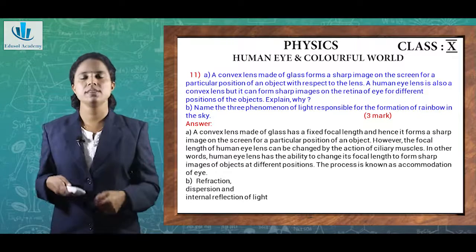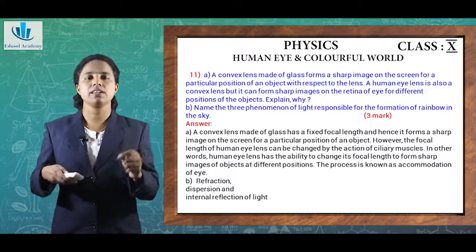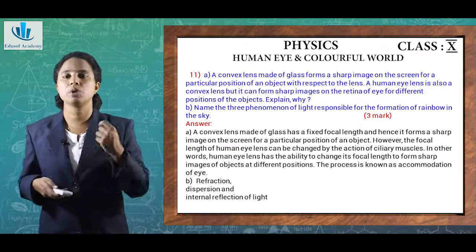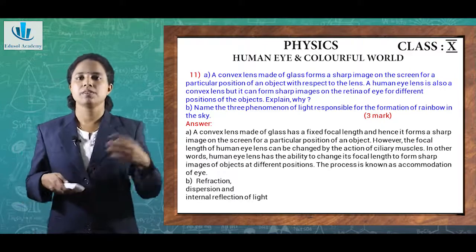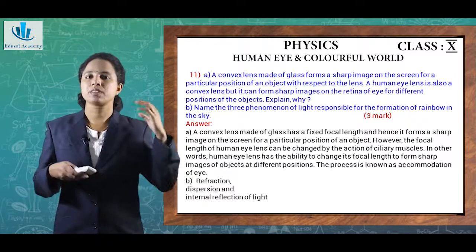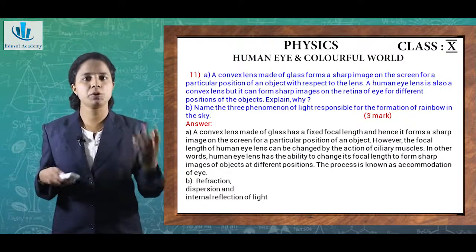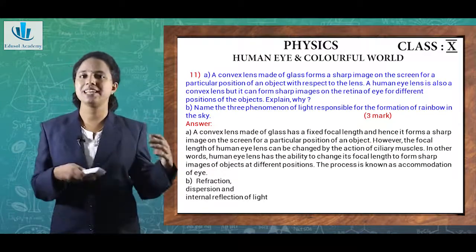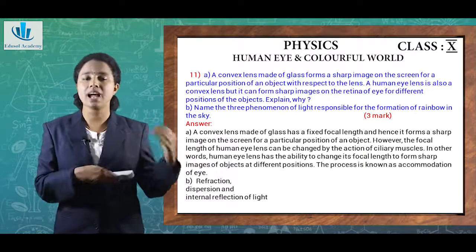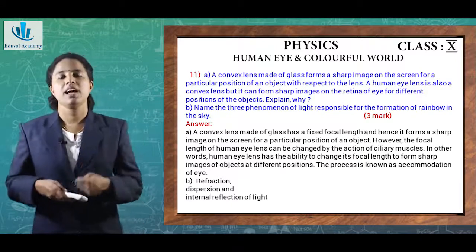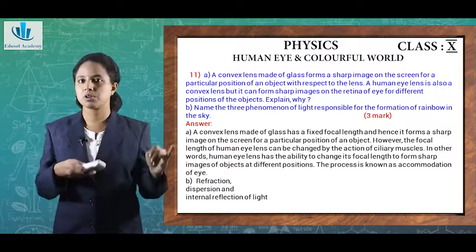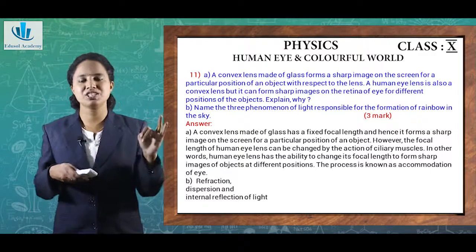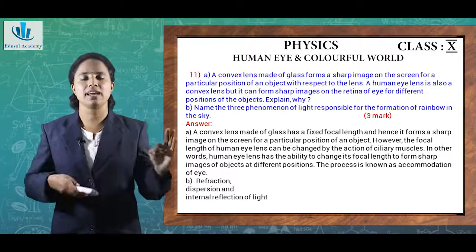So, the second part of the question is, name 3 phenomena of light responsible for the formation of rainbow in the sky. Rainbow is one of the main factors that is very beautiful and that we all like to see, isn't it? But there are certain phenomena related to light which are responsible for it. So, they are mainly atmospheric refraction, dispersion and internal reflection of light.